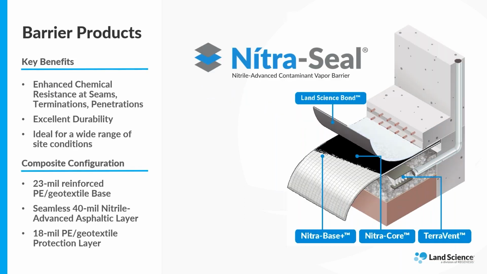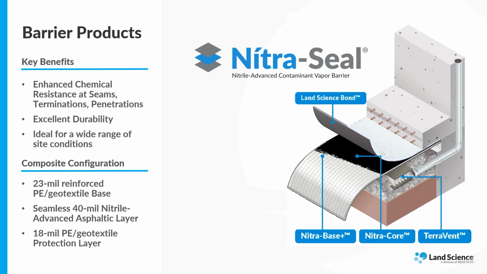Up next is our NitroSeal system, which incorporates multiple layers of protection that starts with our Nitro base layer with an HDPE geotextile. The next component in the system is a full 40 mil layer of our NitroCore spray material, which is our, again, unique nitrile modified asphaltic emulsion, which also provides additional protection against vapor transmission and has been proven to offer exceptional chemical resistance.